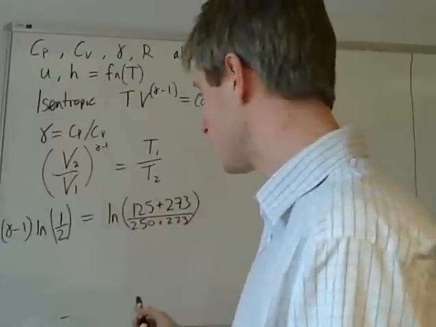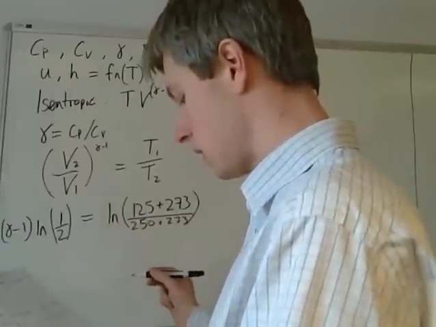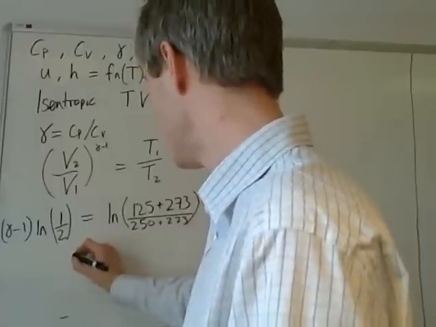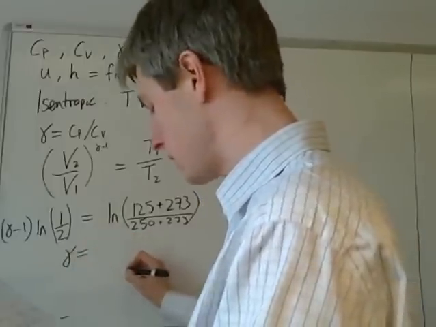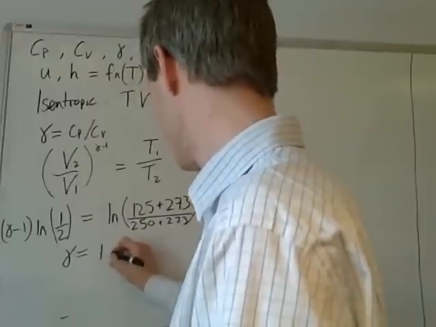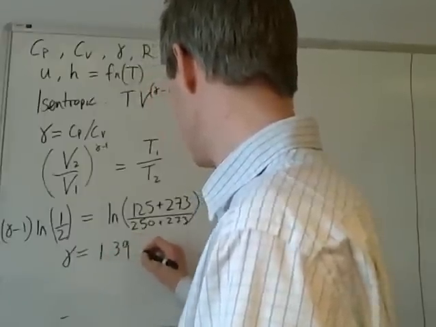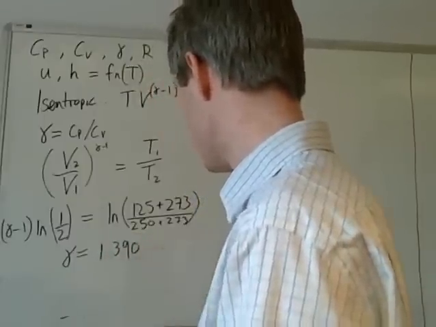Now we need to put this into our calculator carefully, and I'm not going to do that here in front of you, but the value that we get out is 1.390 and some more decimal points.